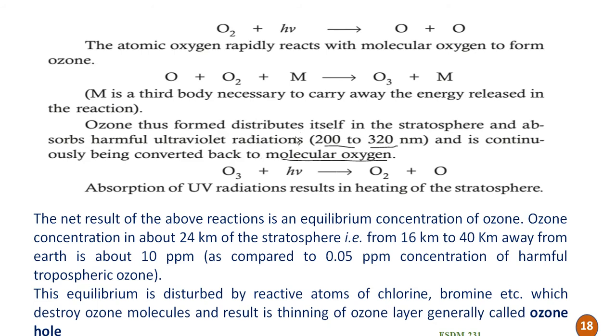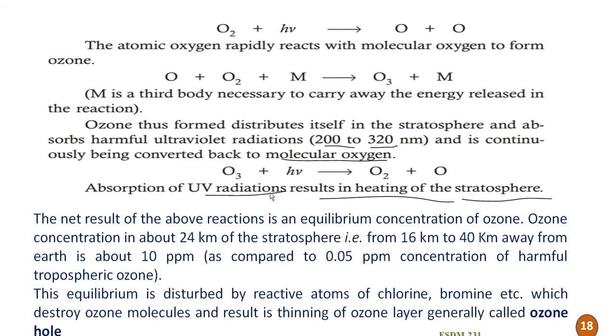So this is the reaction taking place in the stratosphere, and ozone is a measure to control the ultraviolet radiations, which are harmful to living things. Ozone absorbs it and stops it from reaching the earth's surface, and this absorption of UV radiations results in heating of the stratosphere.